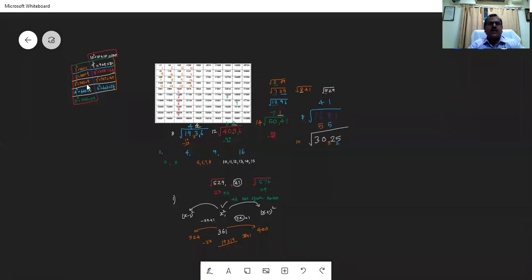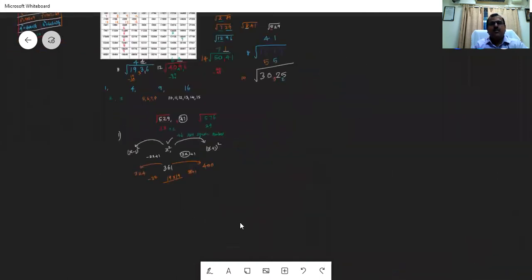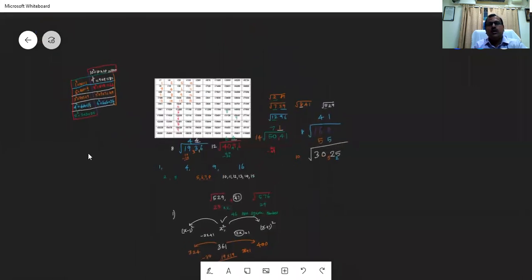Then unit digit checking. With the unit digit, we can check. A square number never ends with 2, 3, 7, 8. You can't give any square number ending with 2, 3, 7, 8. That is called the unit technique. The unit technique will be helpful for you to identify the non-square numbers.